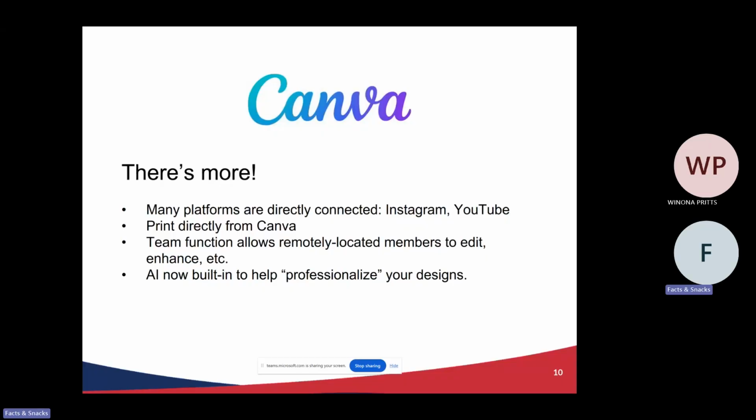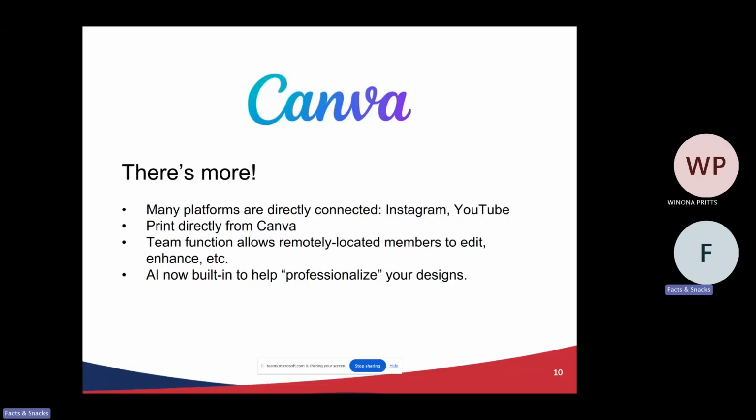They now have a print function. In my previous job, I would create something in Canva and then go to Vistaprint and upload what I had in Canva, and I would order business cards, cups, t-shirts, whatever.